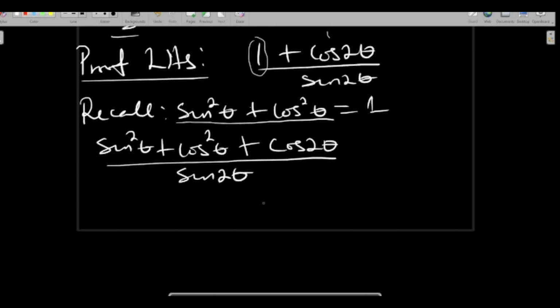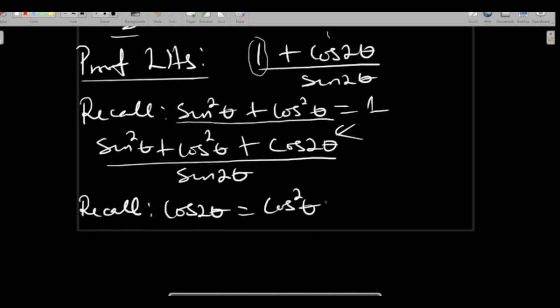Okay, so we also need to recall that if we have, for example, cos 2 theta, like this one here, we actually have to use a double angle formula. Cos 2 theta is equal to cos squared theta minus sine squared theta. You might ask me, where am I getting them from? This is actually an identity, and you need to memorize them.